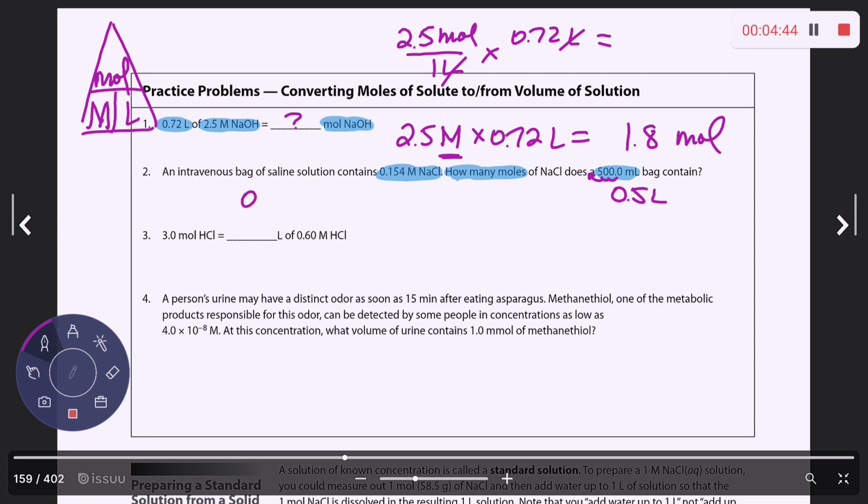Again, you are simply multiplying molarity times liters, and then that will give you moles. You would want 3 sig figs, so this will end up being 0.0770. The 0 on the end is required. That's the only way you can get it to have 3 sig figs. Okay? You try number 3. Let's see what you come up with.